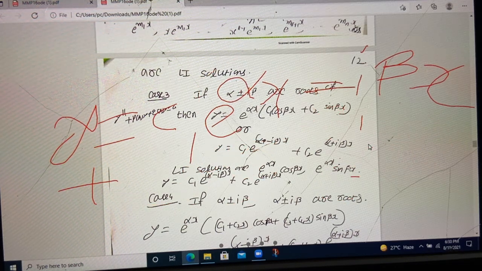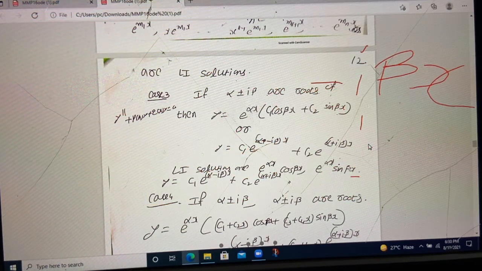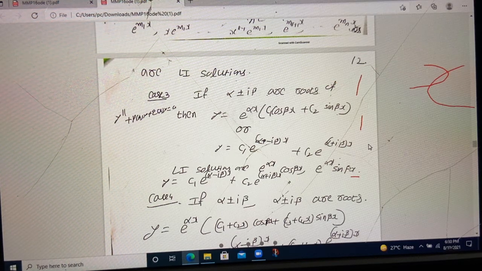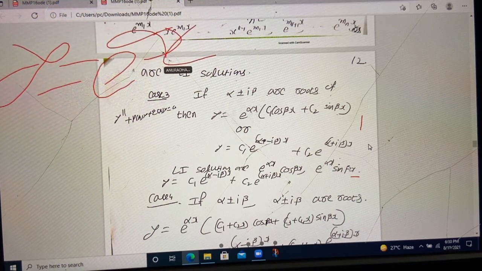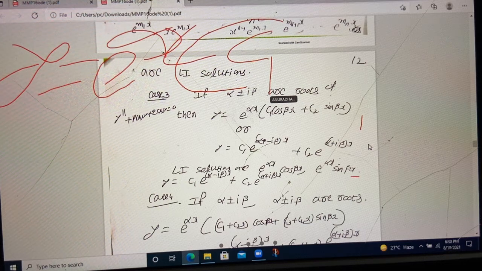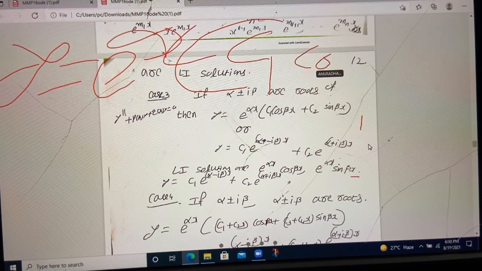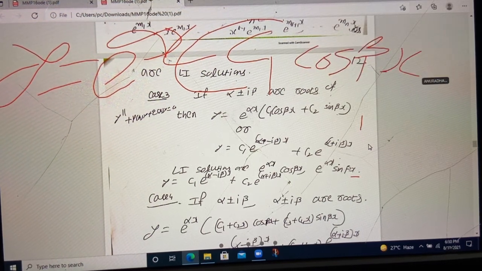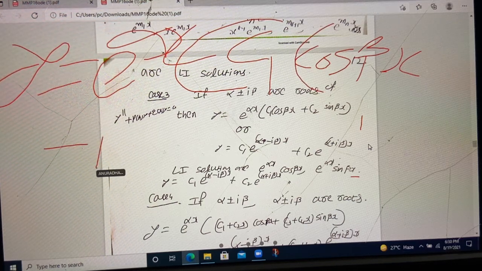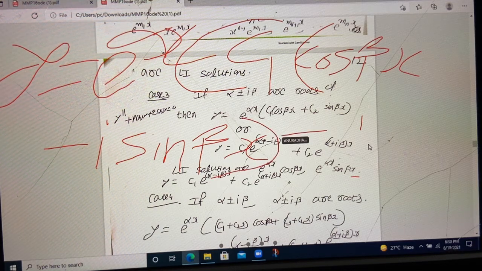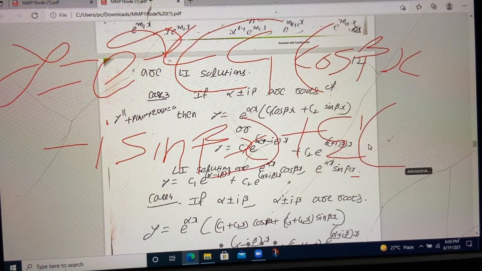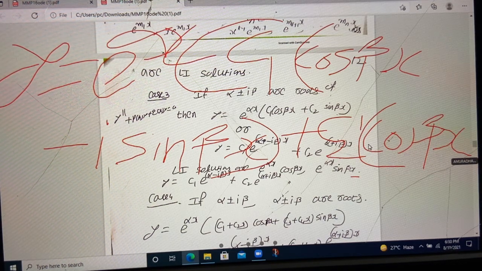So, what is y equal to? y is equal to e to the power of alpha x, C1 e power minus i beta x, that is cos beta x minus i sin beta x, plus C2 e power i beta x, cos beta x plus i sin beta x.